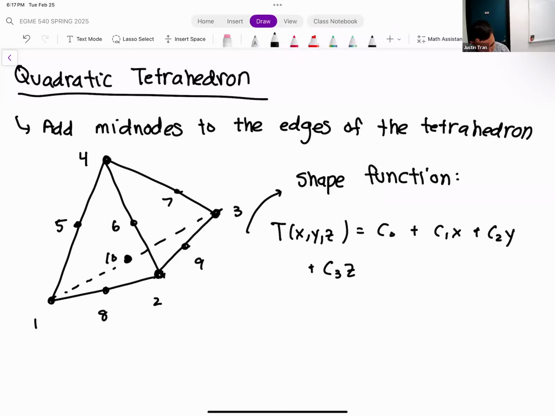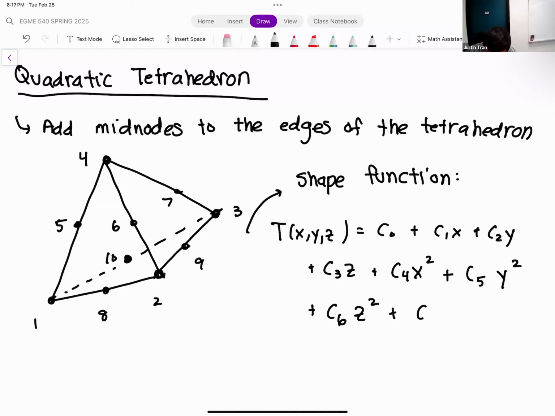Now let's add the quadratic terms. We have c4 x squared plus c5 y squared plus c6 z squared. Okay. So those are all the straight up quadratic terms. So it's just the same variable multiplied again. Then we have the hybrid terms.